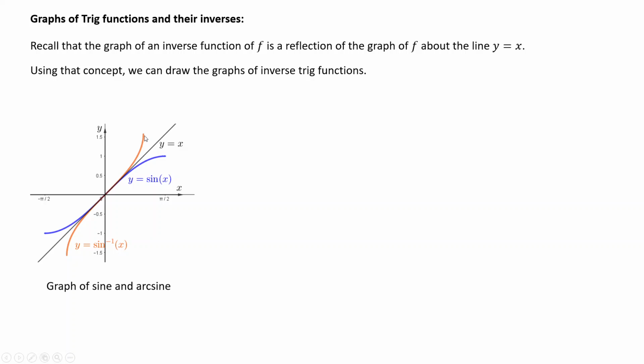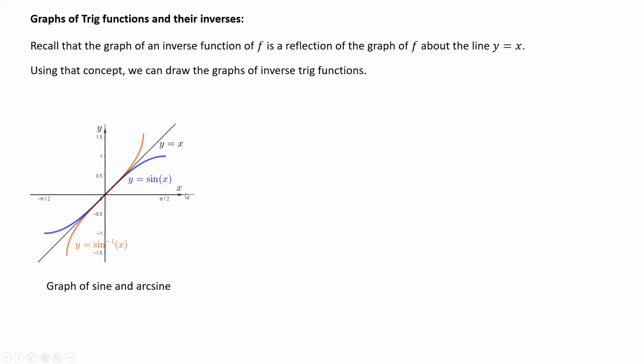The reflected point is definitely going to be on that line perpendicular to y equals x, passing through the blue point. What else happens? Because we are talking about reflection, distances must be the same. So the distance from this point to the y equals x line must be the same as the distance from the line to the orange endpoint. That's how I find the reflected point.